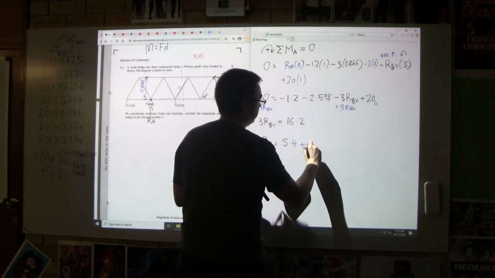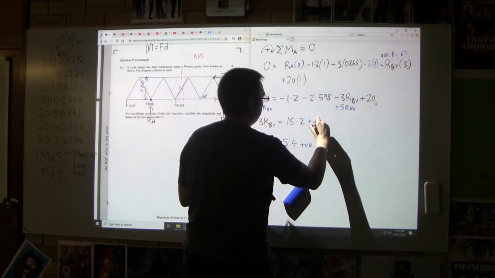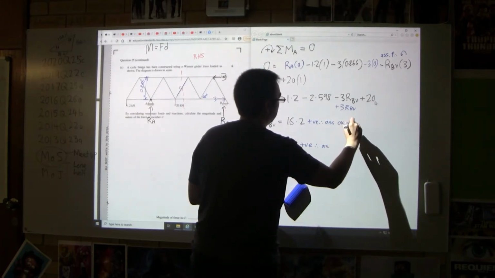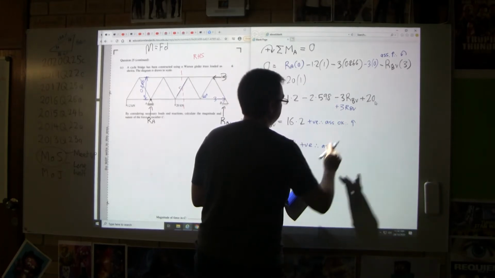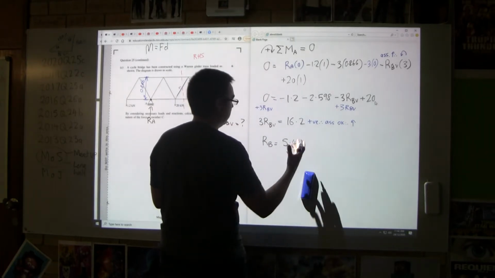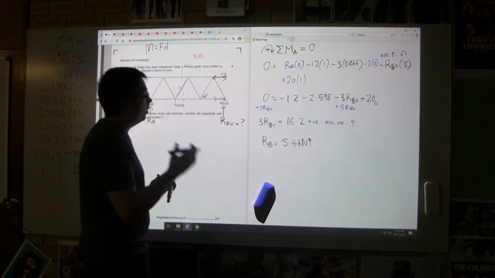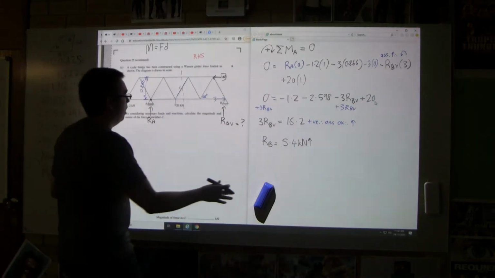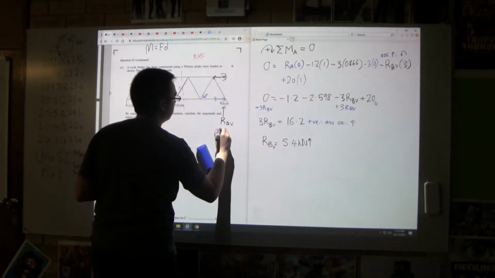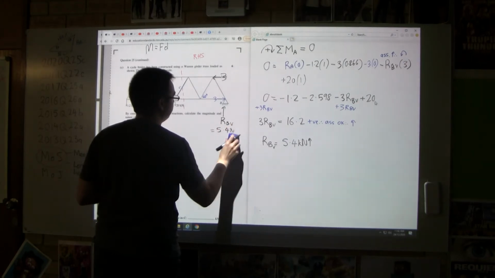So we said positive, therefore our assumption was okay, therefore up. And so we can write here, all the answers here are in kilonewtons, and the kilonewtons up. So we've found RB. I'll write that here. RBV equals 5.4 kilonewtons up.